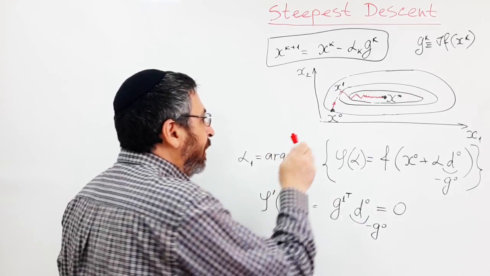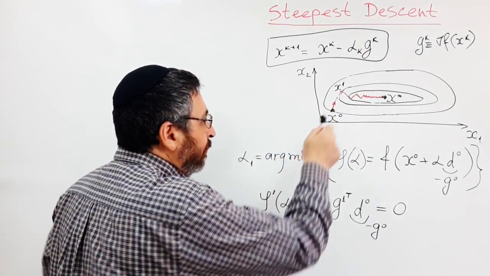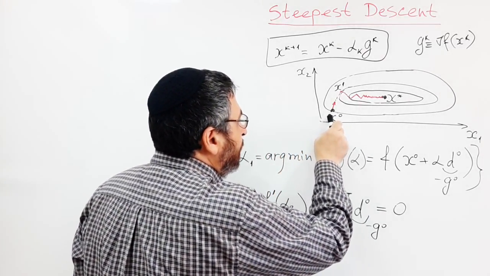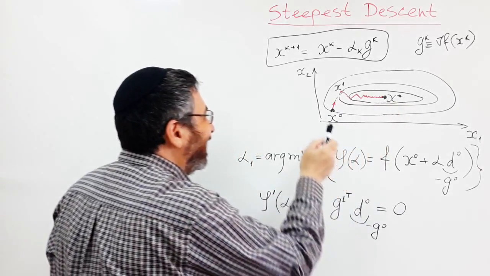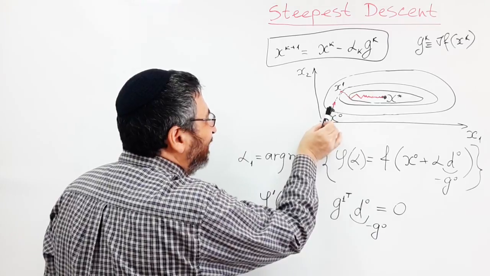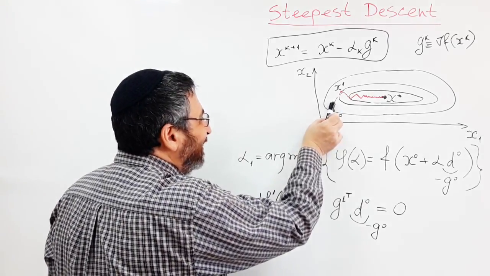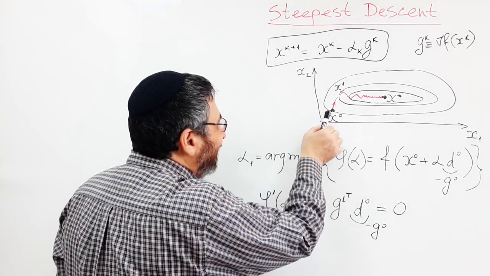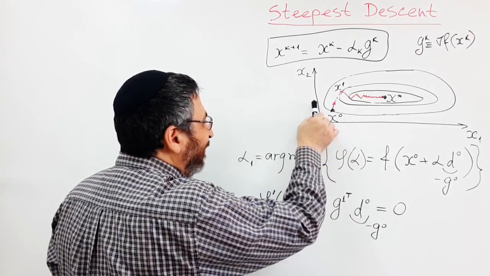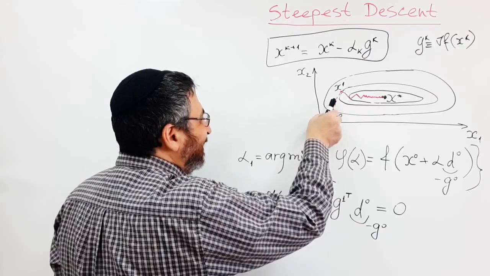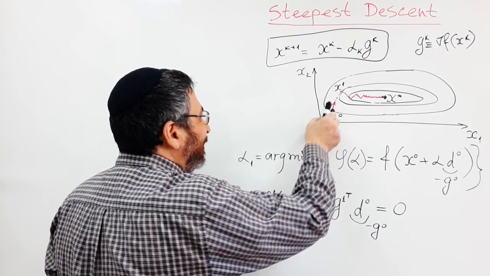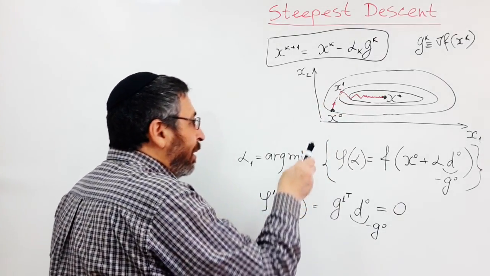What our method does: we start from some initial point x0, and we want to get to the solution which is here. So our first direction will be the direction of minus gradient, and it's known that the gradient is orthogonal to the level line. The level line is the direction of constant function value, and the gradient is the direction of fastest decrease of the function. So they are orthogonal to each other.